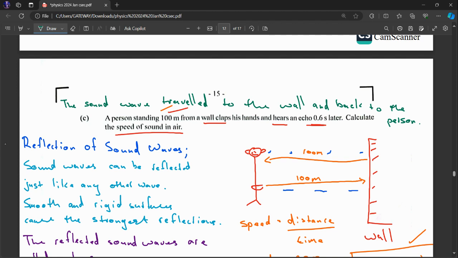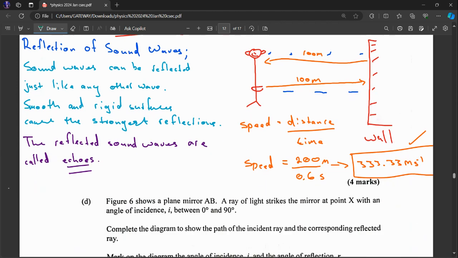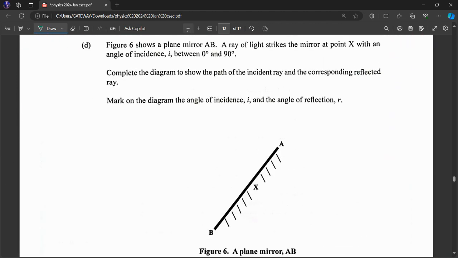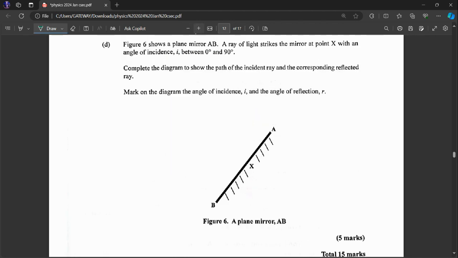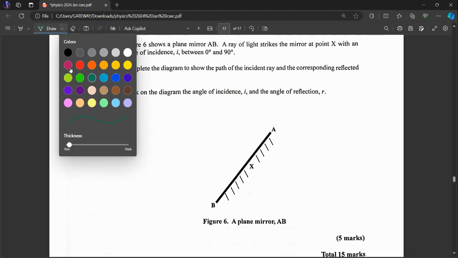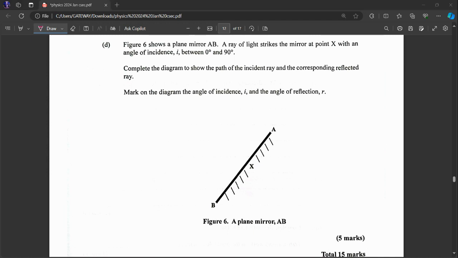And all that has happened in 0.6 seconds. So the total distance is 100 plus 100, which is 200, right? So let me go on to part D, which is the last part for this question.